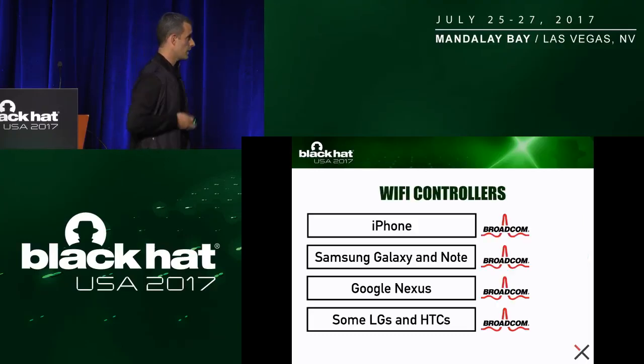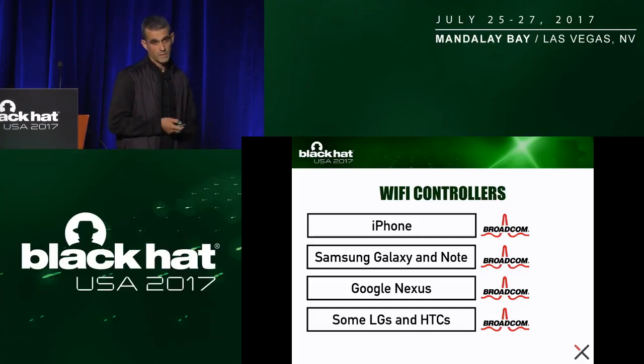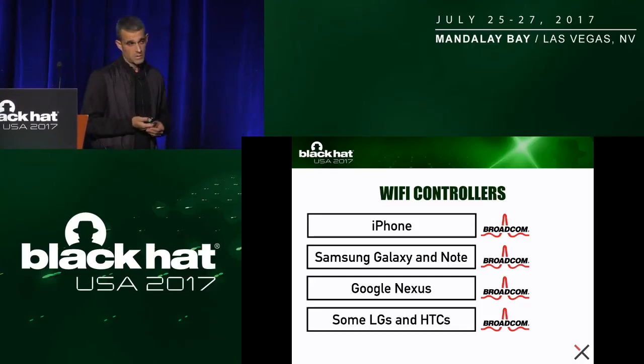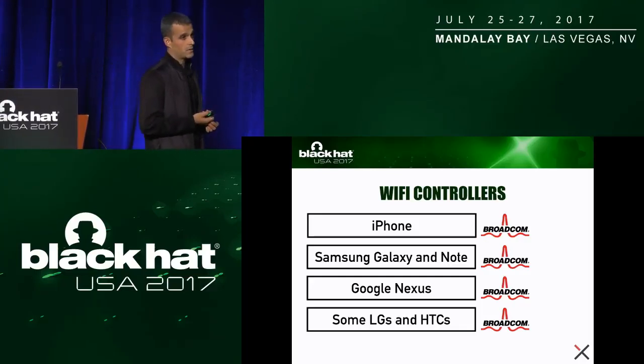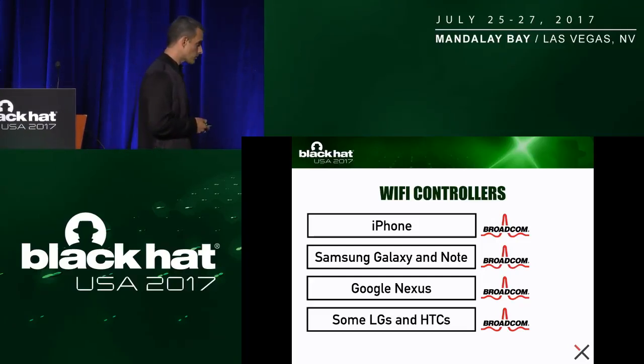So we looked at the Wi-Fi chip, and there the picture was very different. Broadcom are a clear market leader. They have been in all the iPhones since the iPhone 5, almost all Samsung Galaxies and Notes, all of them that we've checked. That's the S3 all the way through S8 and all the Notes.